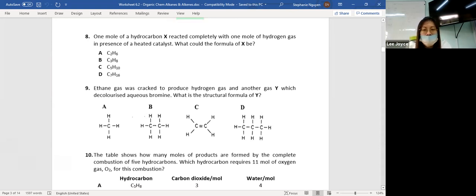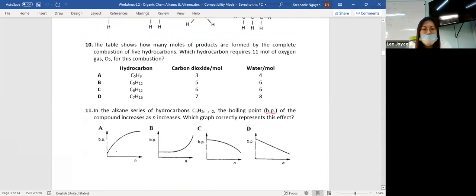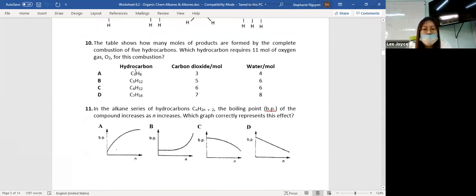For question 10, for each of the hydrocarbons, you have to write out the equation. So if you look at the hydrocarbon, which is, let me see, this D, C7H16. Okay, how do you balance the equation?